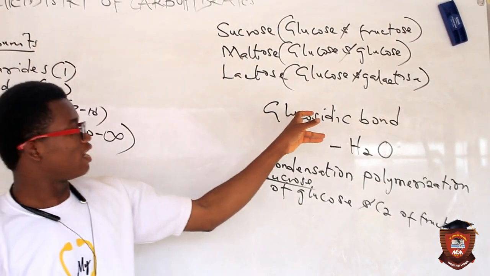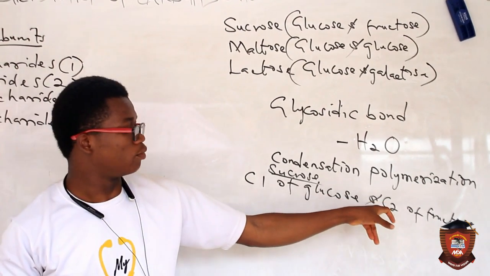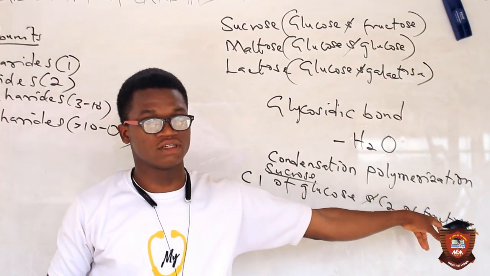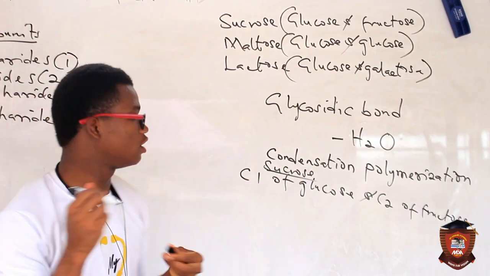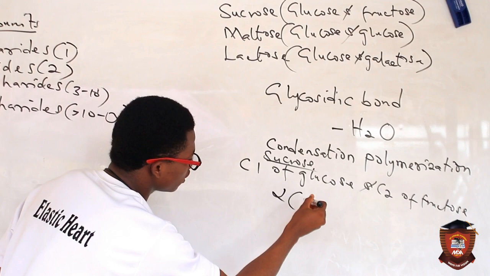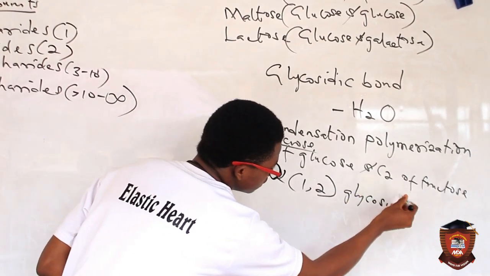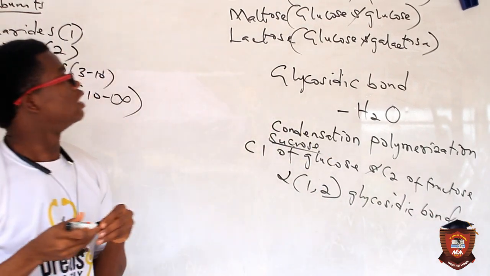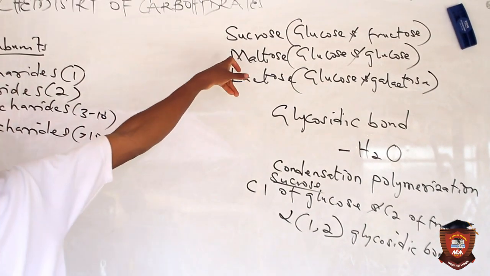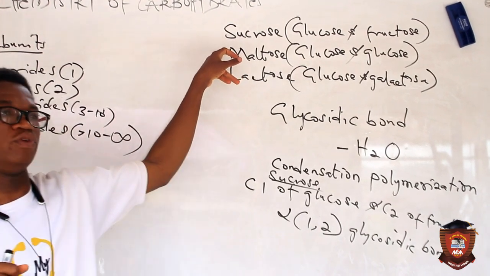So the formation of the glycosidic bond is between the carbon 1 of glucose and the carbon 2 of fructose. So it is an alpha 1,2 glycosidic bond. So you say it is alpha 1,2 glycosidic bond. Now we take the second one, maltose, which has to do with 2 glucose subunits.